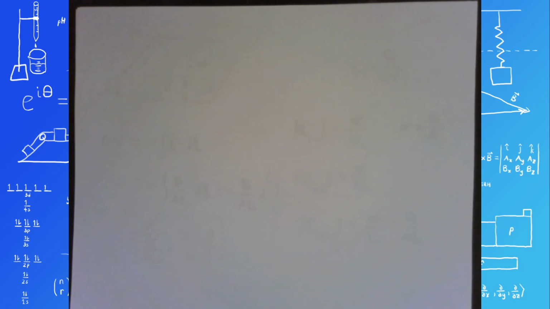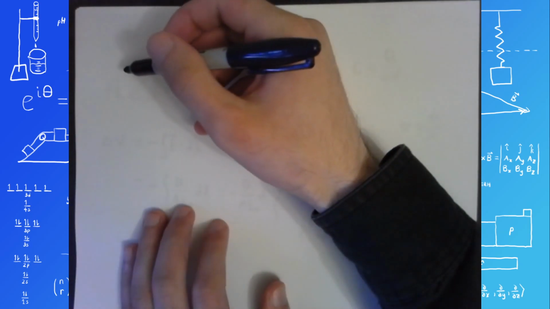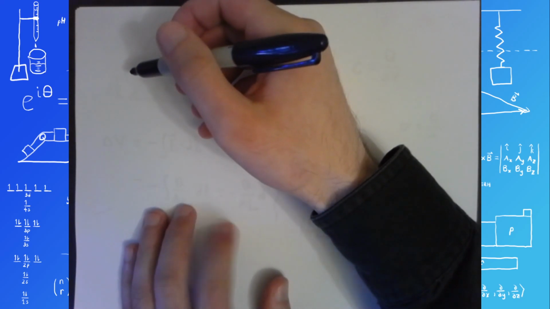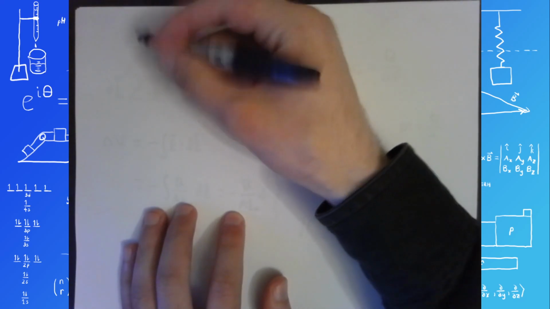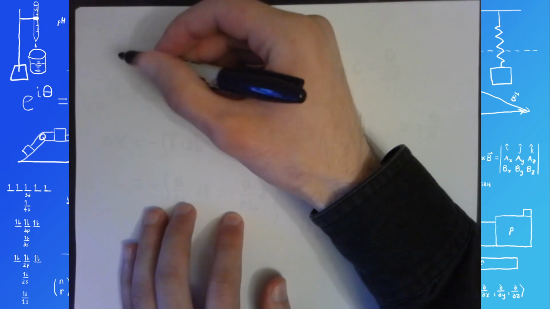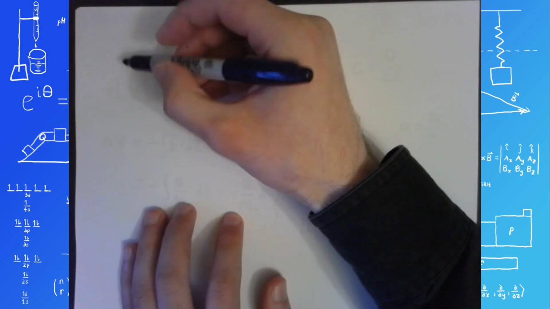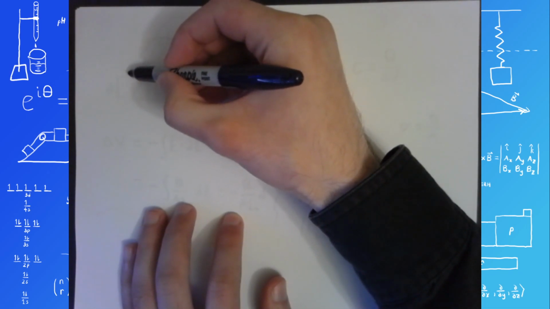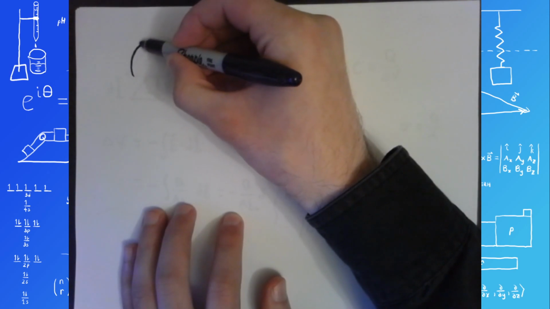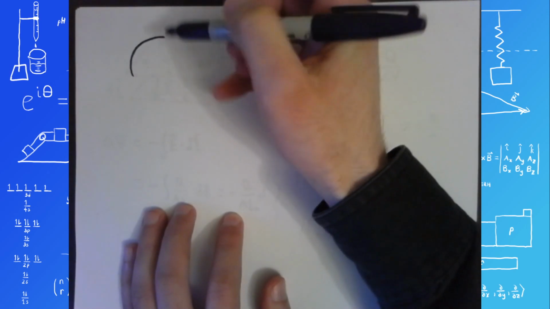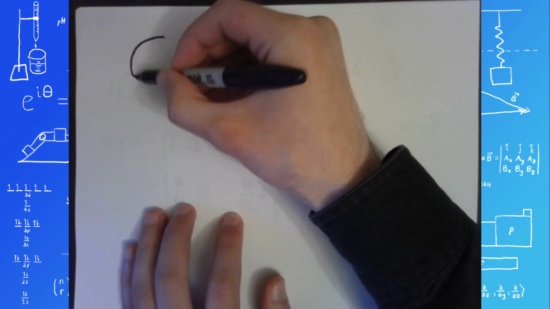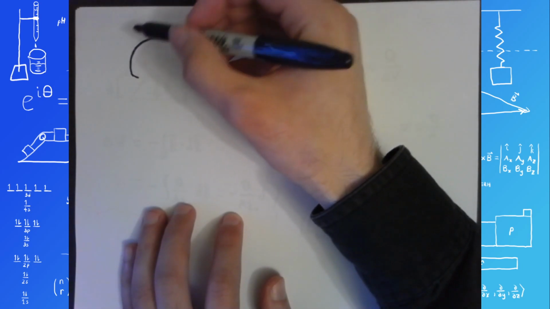So let's say I have, how do I want to draw this? I want to keep the thing somewhat open. So I want thin spherical shells.